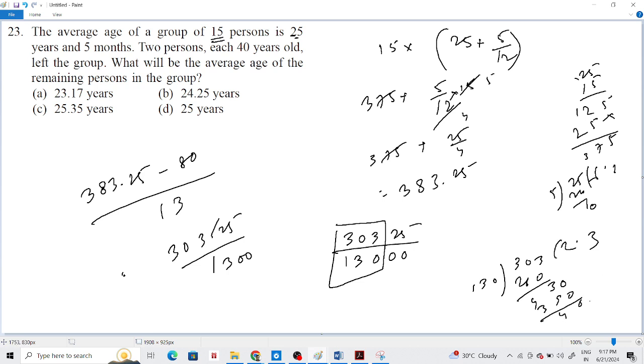See how beautifully this process is coming up. Again 3, so 2.33. I have divided by 100, so I'll multiply by 100. Actually this was already 1300, so I need to multiply with 10. So 2.33 into 10 will give me 23.3, which is sufficient to decide for this answer.